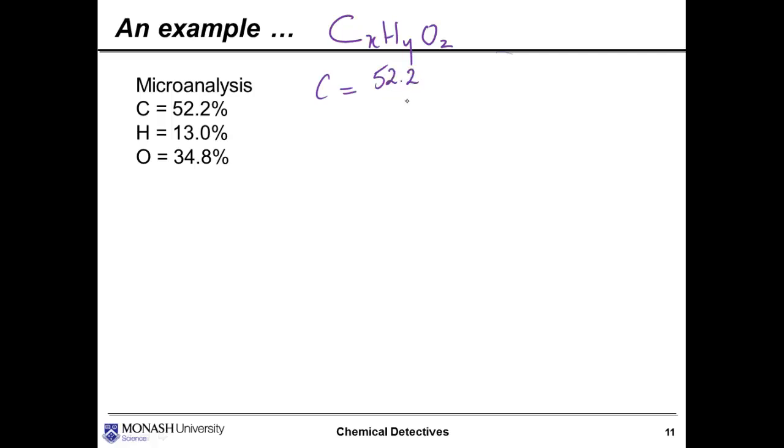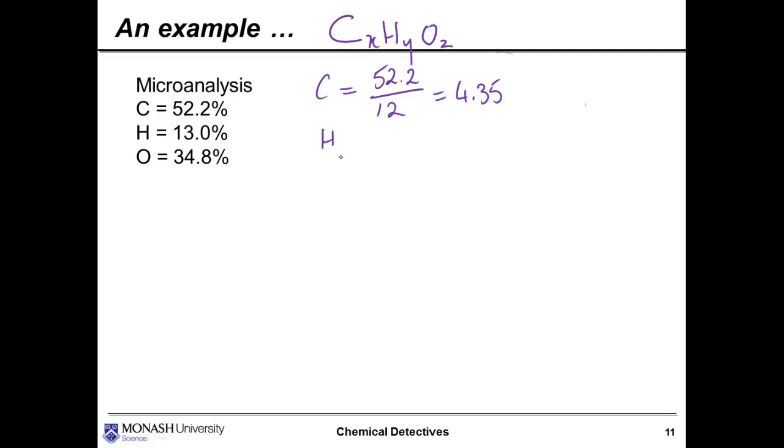We're going to say 52.2 divided by 12, and I'm just going to round off the atomic mass to 12. I'll jump across to my little calculator over here, and I calculate that value, and I'm just going to sketch that there for the time being.